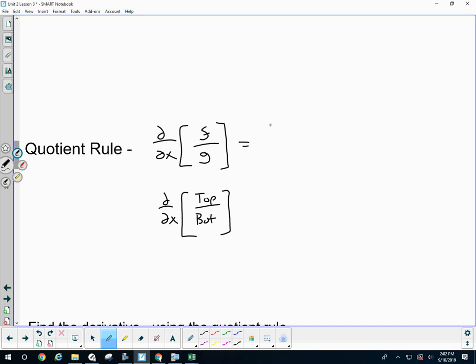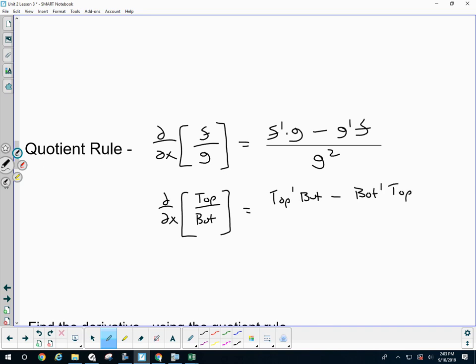We get the derivative of the top times the bottom minus the derivative of the bottom times the top, over the bottom squared. So using top and bottom: top prime times bottom minus bottom prime times top, over the bottom squared.